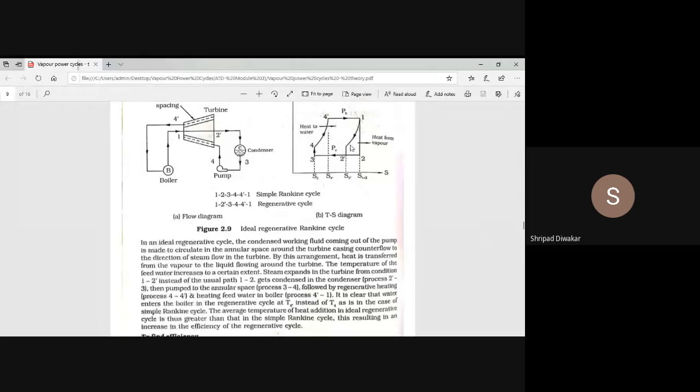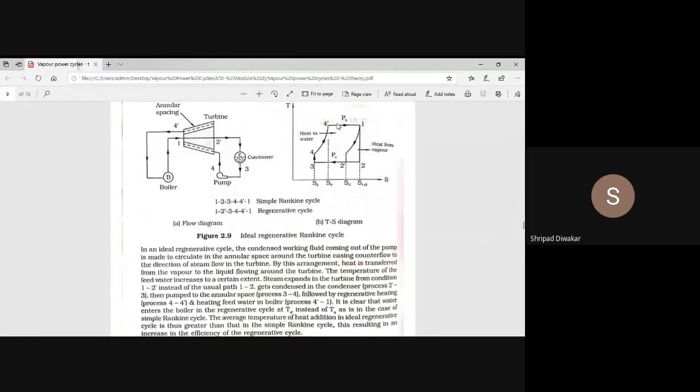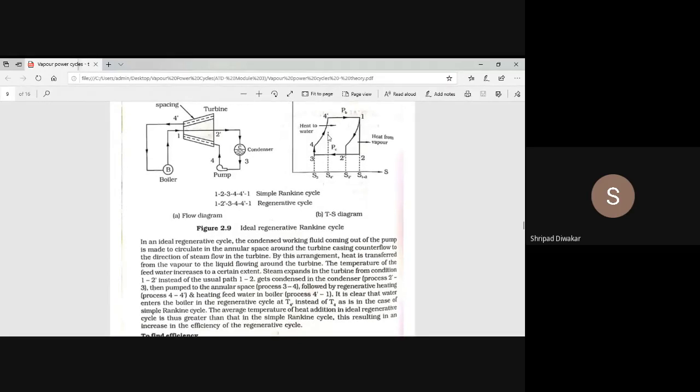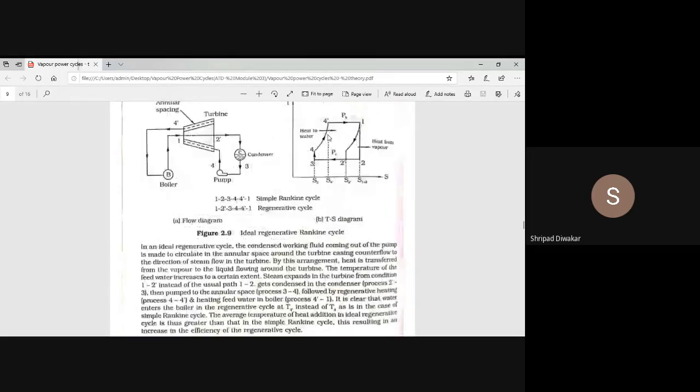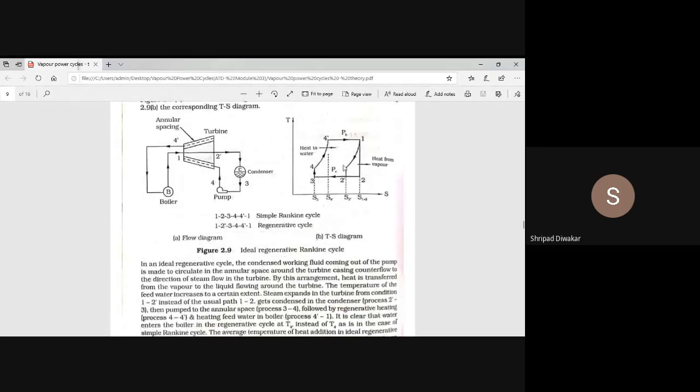And this is the formula. Then here you see the diagram. The lines 4 4 dash and this line are parallel to each other. So (S1 minus S4 dash) is exactly equal to (S2 dash minus S3), because this line and this line are parallel, because of the nature of the diagram.